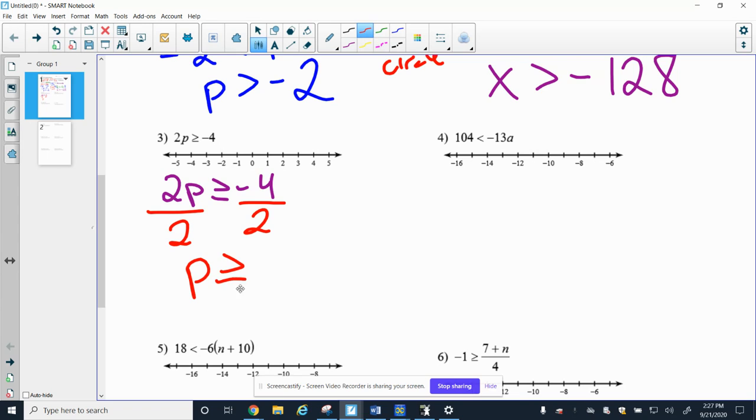P is greater than or equal to -2. Since this one is an or equal to, we want to include -2 when we graph this. So we're going to put a closed dot at -2. This is another greater than, so we want all the values bigger than -2, going to the right.